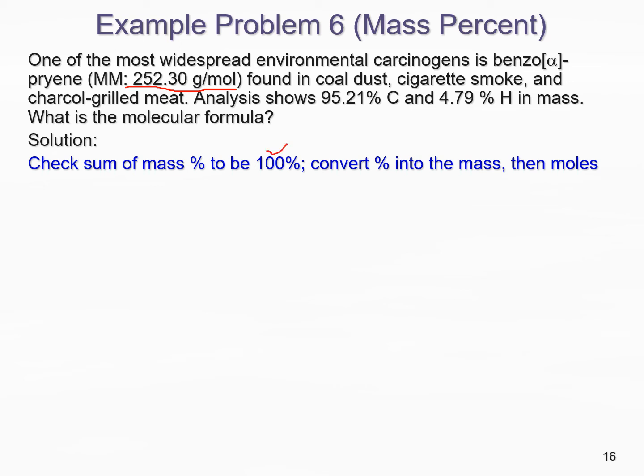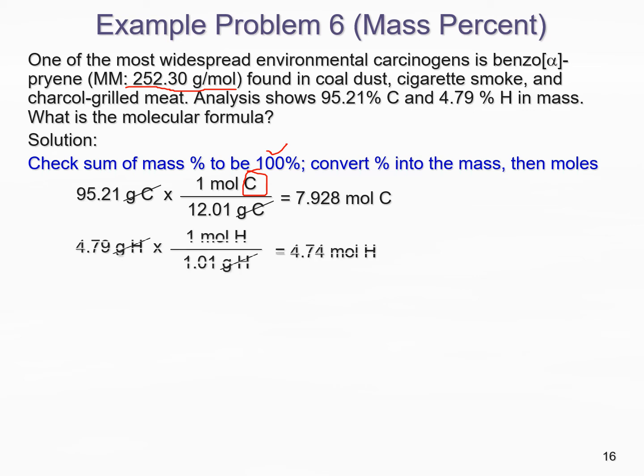We assume 100 grams of the sample. That means we have 95.21 grams of carbon, converted to moles by dividing by its molar mass. Remember, that is elemental carbon, so we simply copy down the atomic mass as the molar mass from the periodic table. That's 7.928 moles of carbon. For hydrogen, we divide by 1.01.